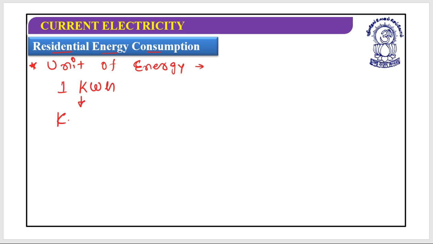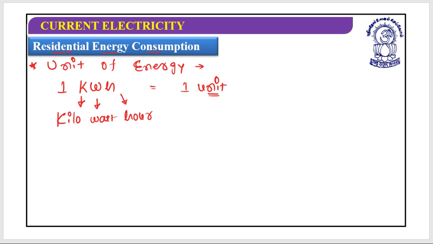This is kilowatt hour. We are using this unit and we call it a 1 unit. It's 1 kilowatt hour, that would be equals to 1 unit.